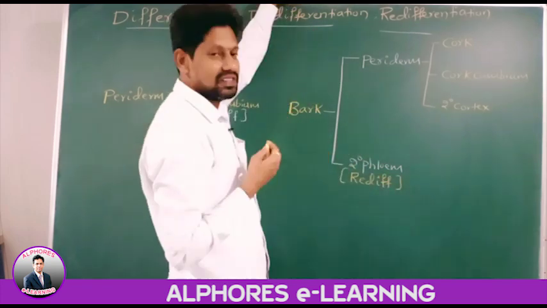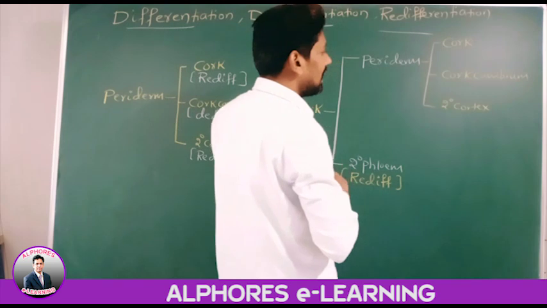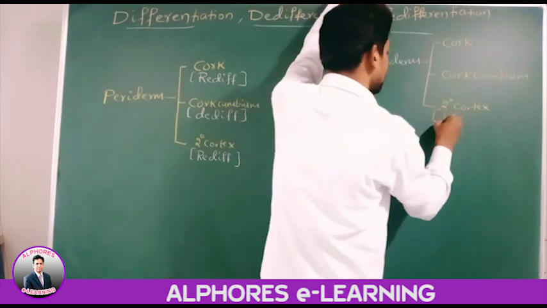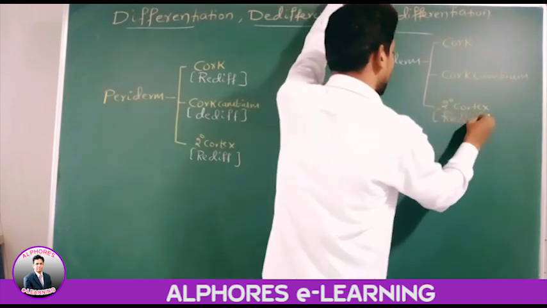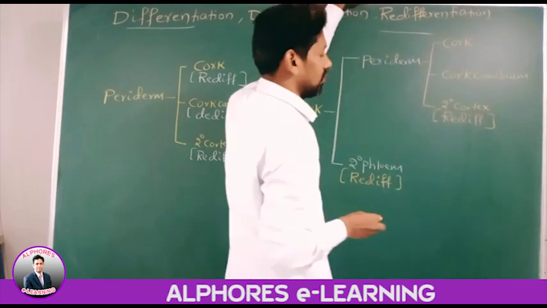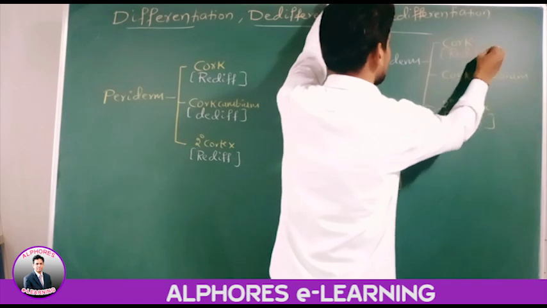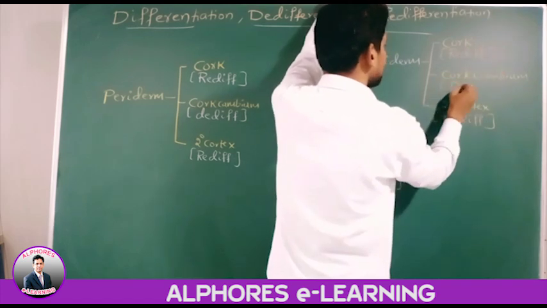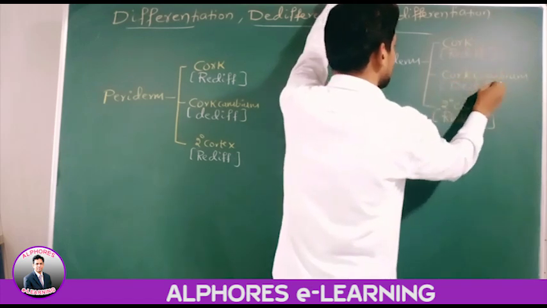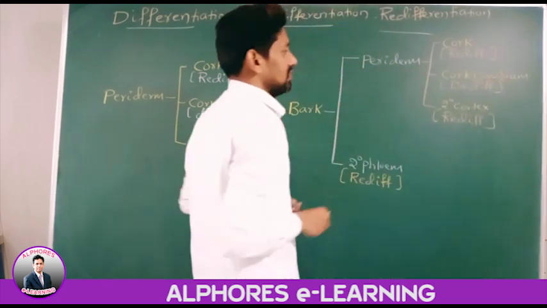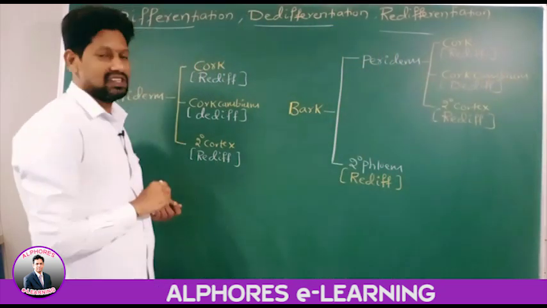Secondary cortex is also formed by the redifferentiation process. Cork is formed by the redifferentiation process. Whereas cork cambium is formed by the de-differentiation process.